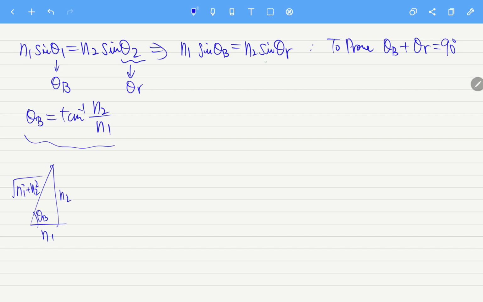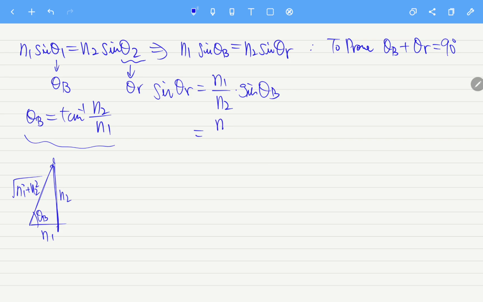We would like to find theta r. Sine of theta r should be n1 over n2 times sine of theta b. Sine of theta b is n2 over square root of n1 squared plus n2 squared.